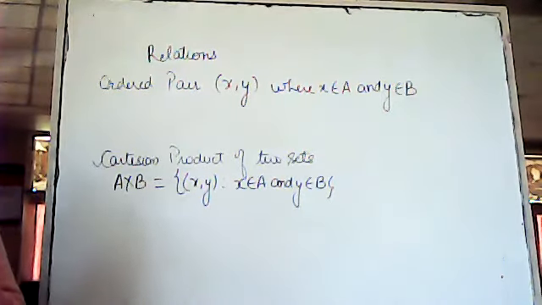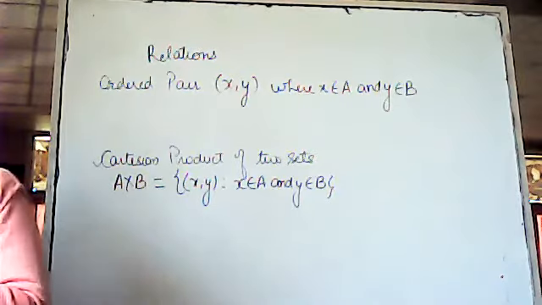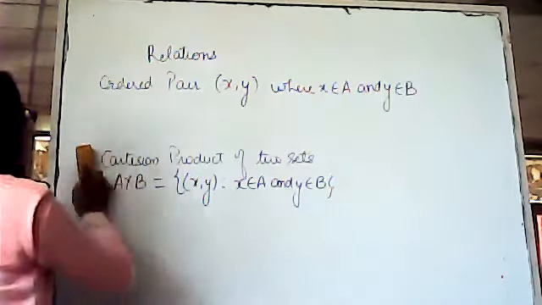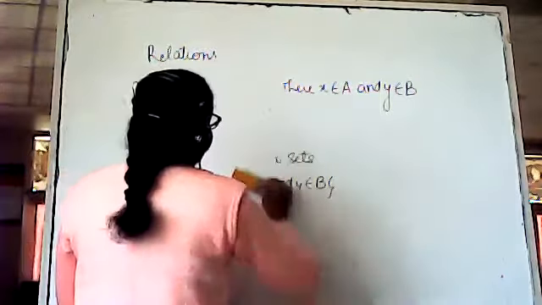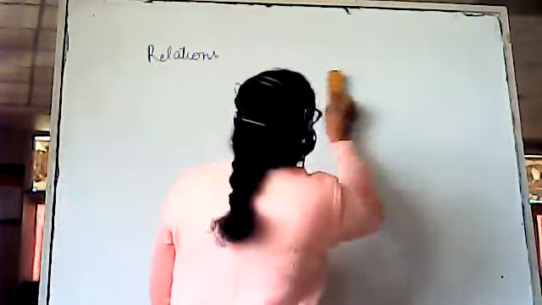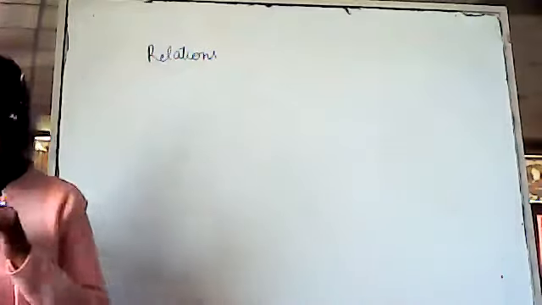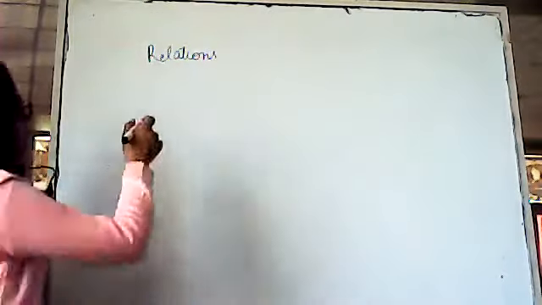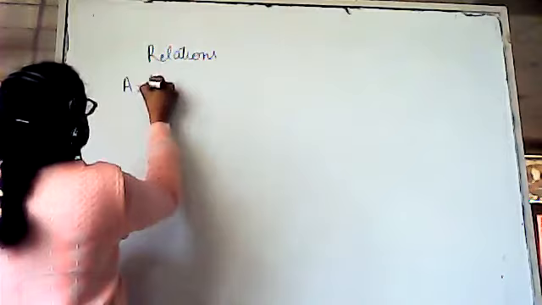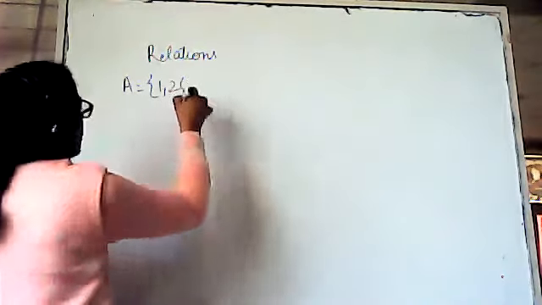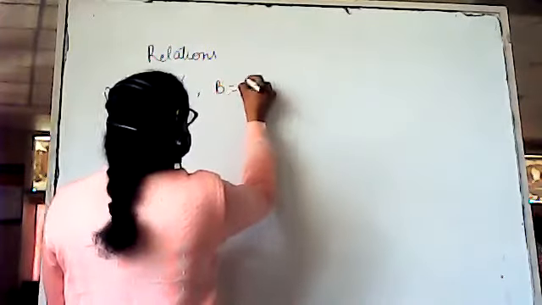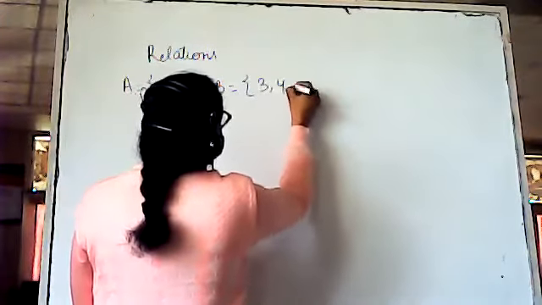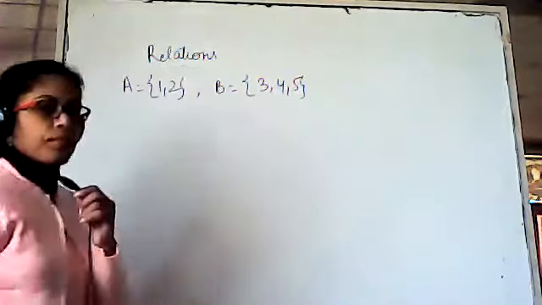For example, let the set A equal the elements 1 and 2, and set B equal 3, 4 and 5.